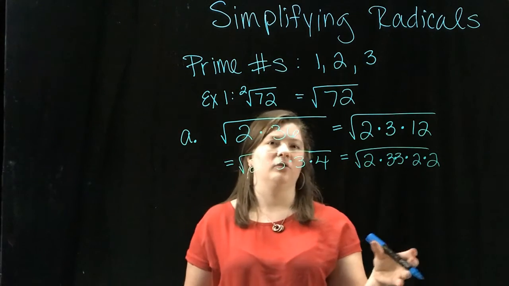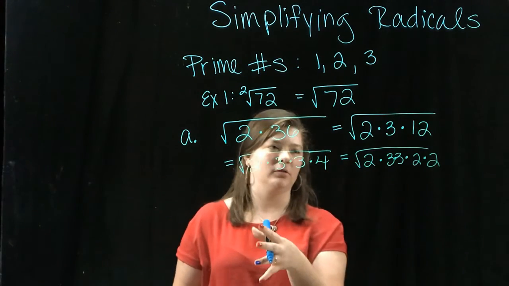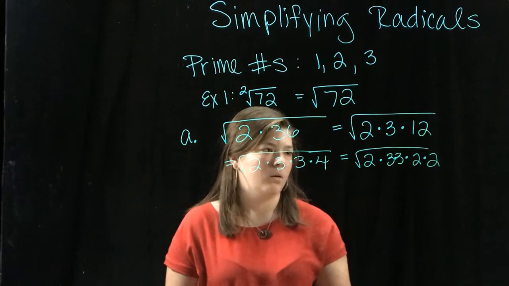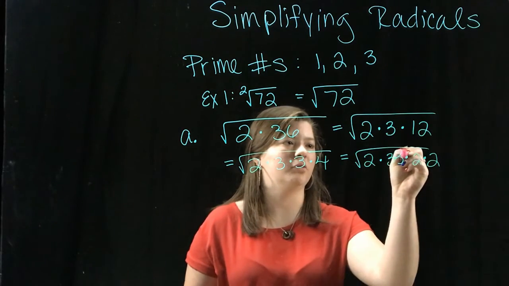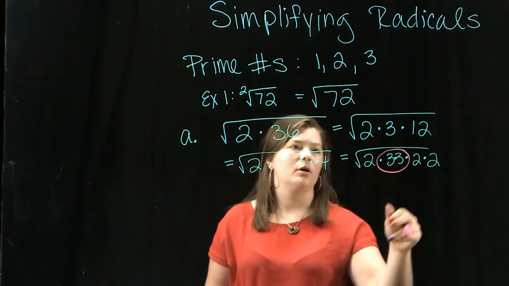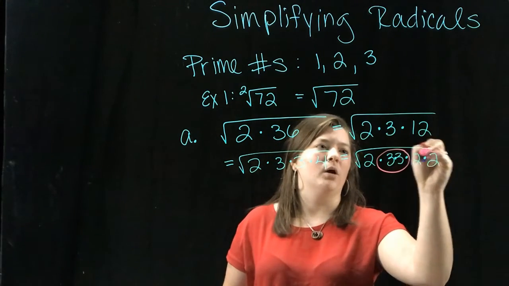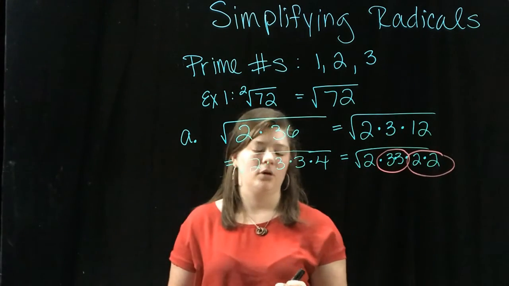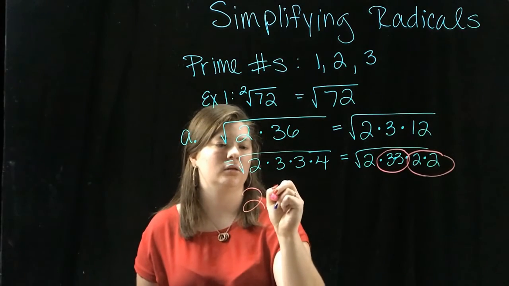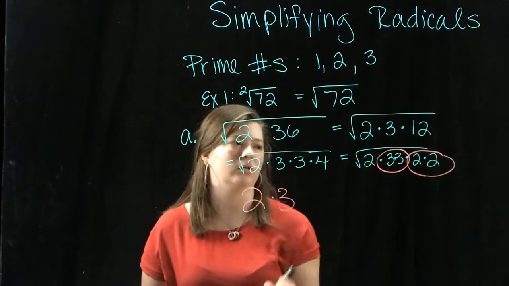So now that we've broken it down completely to where we only have prime numbers, we're getting pairs of numbers and pulling them out. And so we have 1 pair of 3s. Now when we take a pair, they have to be the same number. We also have 1 pair of 2s. So the 2 and the 3 will come outside of the radical.